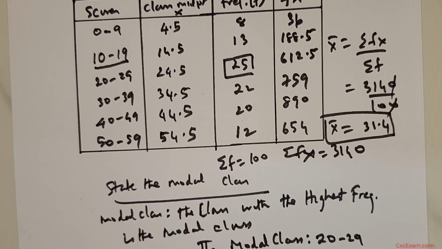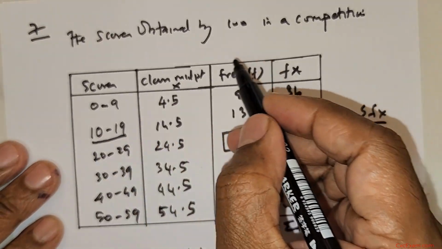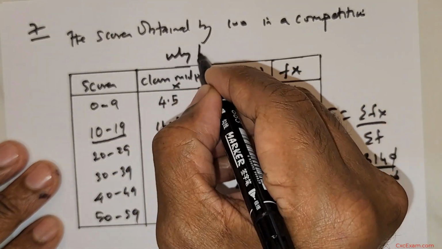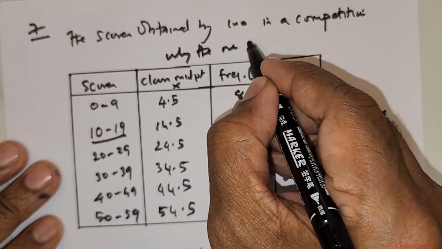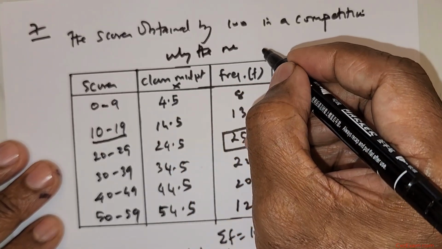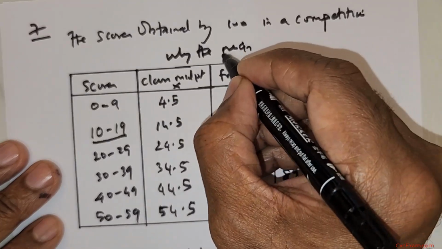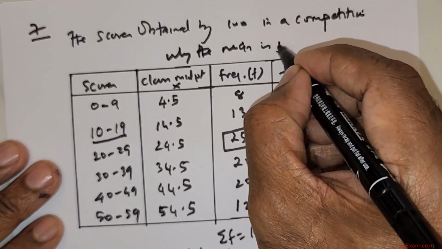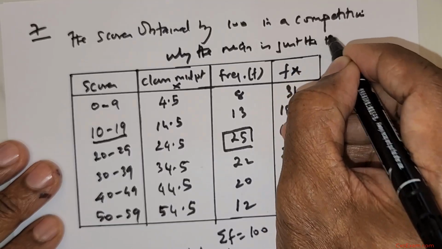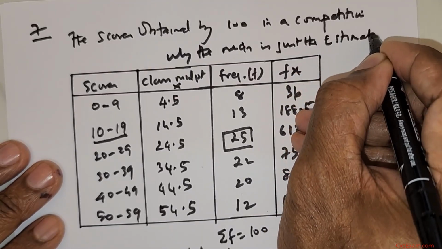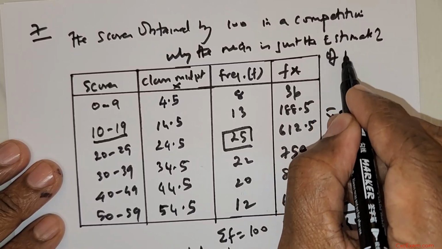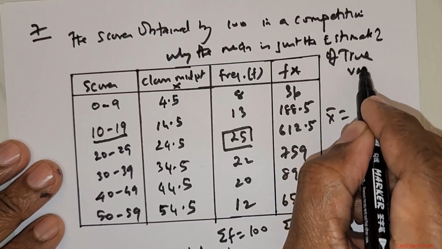Now the next part is they're asking us why the mean is only the estimate of the true value. So that means it's not the true value.